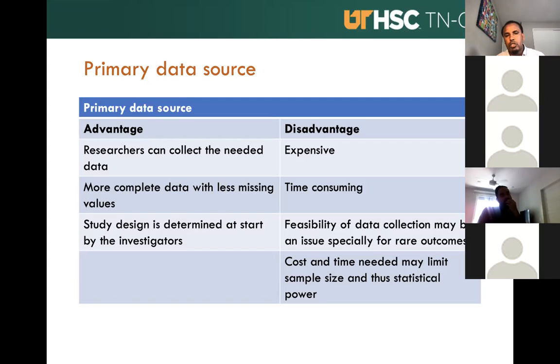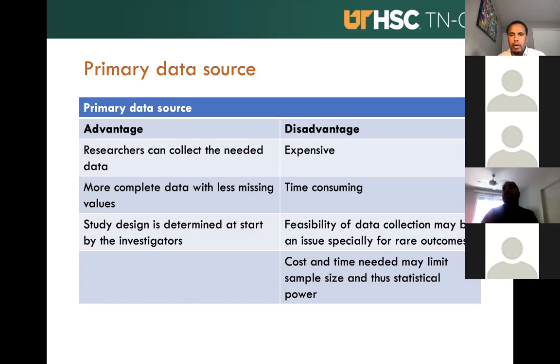So the disadvantages of the primary data source are that it's very expensive. It takes a lot of time and resources. You have to have some people to collect the data, and it might take a while before you can get the data ready for the analysis. So it's relatively very expensive and time consuming, and feasibility might be an issue in terms of data collection for rare outcomes.